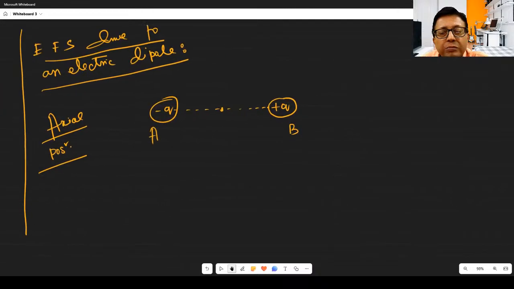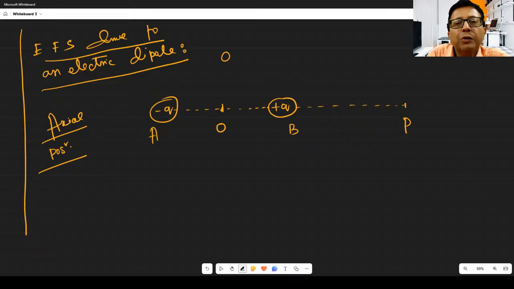How to? On the axis. This is our origin. Origin stands for what? O is the midpoint of AB.